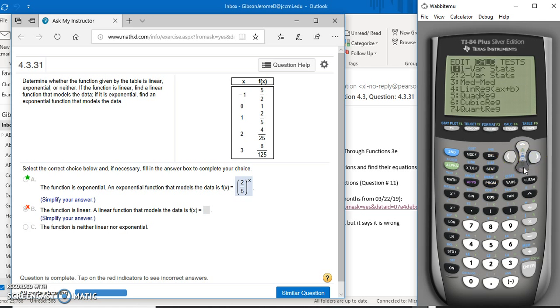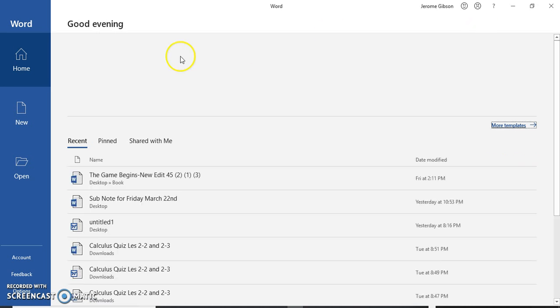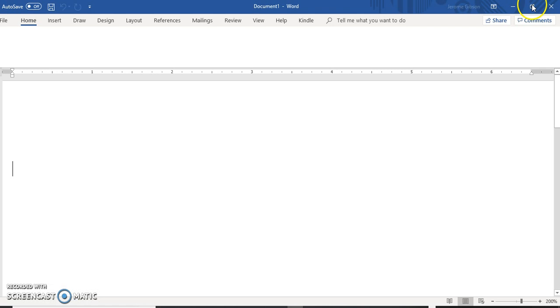So we will go back to the exponential regression, and then we can find out what our graph is based upon this information. Now, we know that a is 1, and then it's multiplied by, let me pull up a Word document real quick. Okay, so now, go to a blank document here.